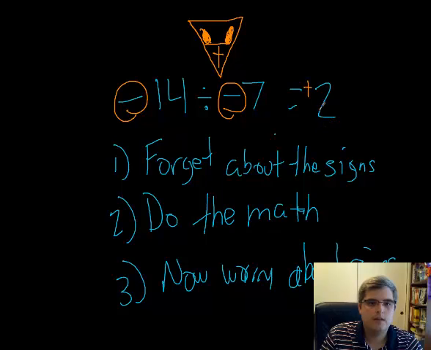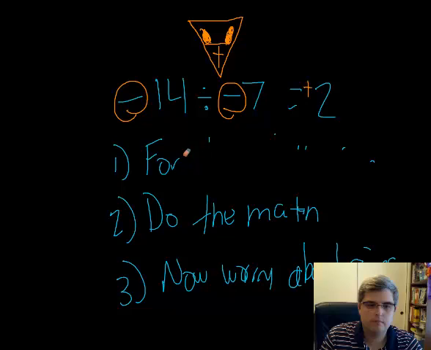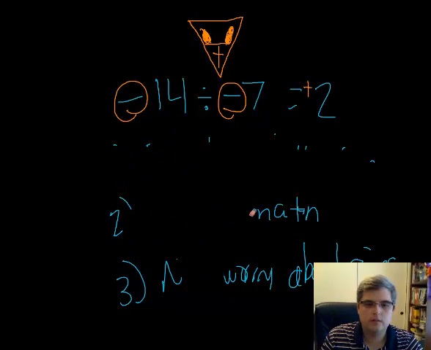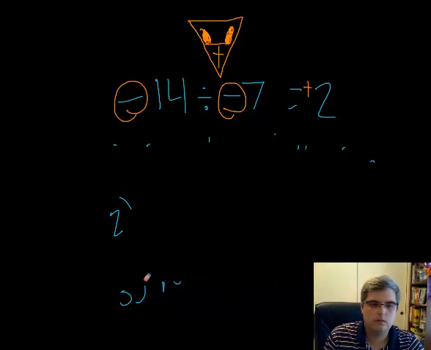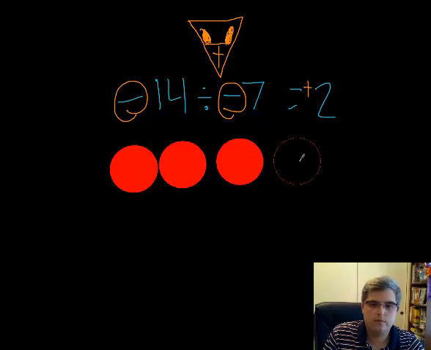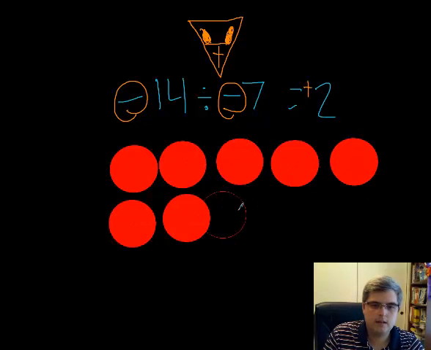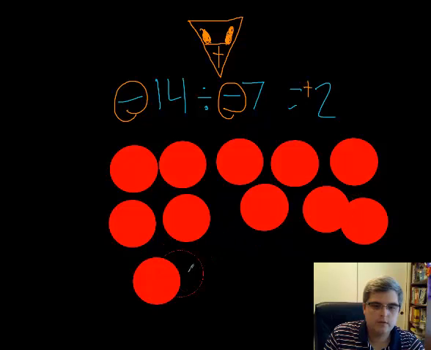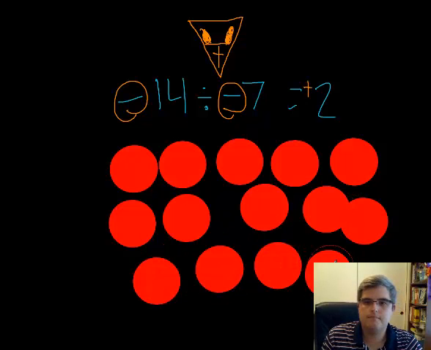But think about it. If I had 14 negative counters, let's go back and do this problem again. Let's say I had 14 negative counters. I'll put them here. 1, 2, 3, 4, 5, 6, 7, 8, 9, 10, 11, 12, 13, 14.